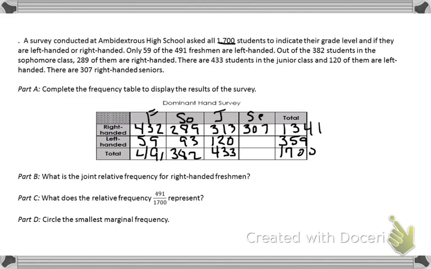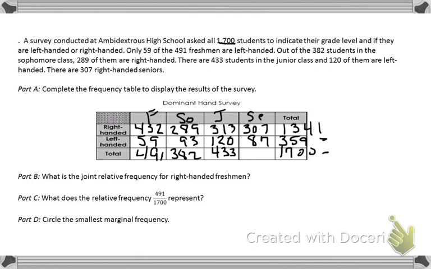From there, I can find the other senior information. I can just take my totals here and subtract out what I got. So 359, if I take out the 120 for juniors, the 93 for sophomores, and the 59 for freshmen, I get 87 seniors that are left-handed.